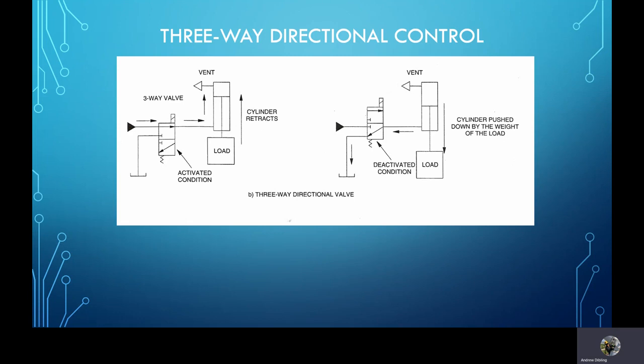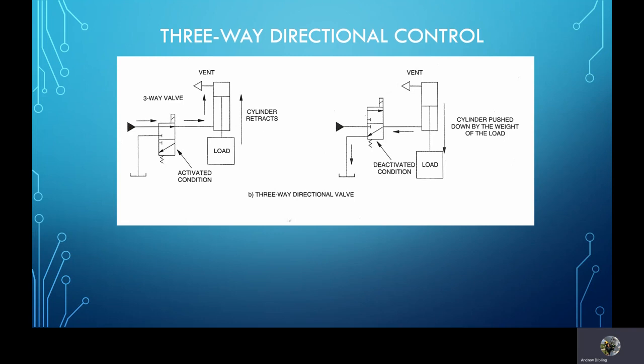So it's allowed to bleed down to the tank. This will allow the load to descend when it's deactivated. When I activate it, the fluid is pumped through the rod side of the cylinder and the load goes up.